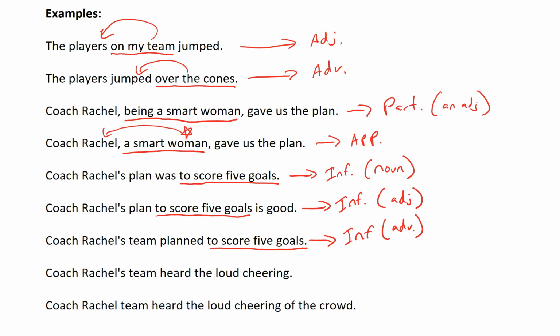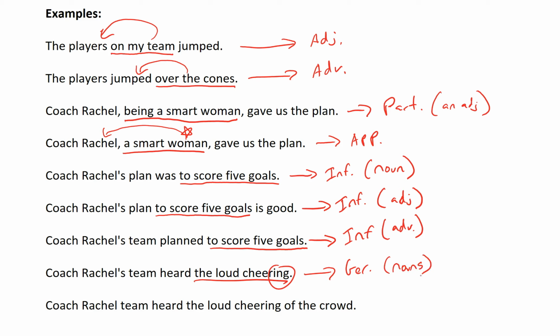And finally, these last 2 sentences have gerund phrases. Here they are. Coach Rachel's team heard the loud cheering. The loud cheering is a gerund phrase. It ends in ing, and that gives you the hint that you need. So a gerund phrase, and gerund phrases, as we know, always act like nouns.